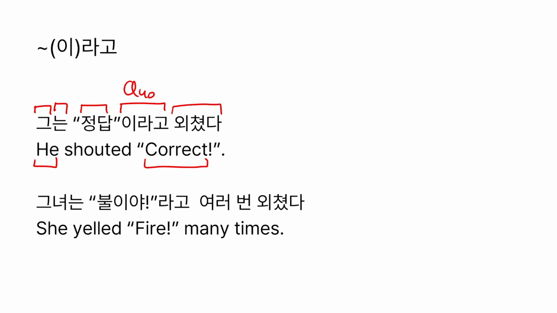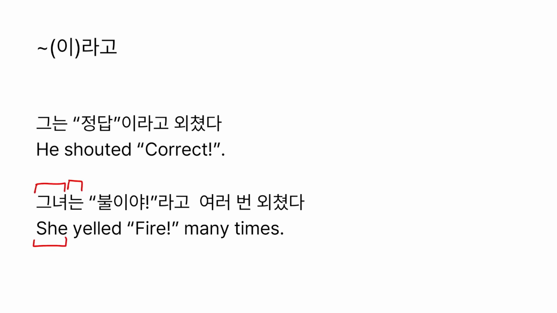And 외쳤다 means shouted. And the next one is 그녀는 불이야 라고 여러 번 외쳤다. She yelled fire many times. In this sentence, 그녀 means she, and 은 we will learn that later, and 불 means fire, and 이야 is like a be verb, like there is a fire.